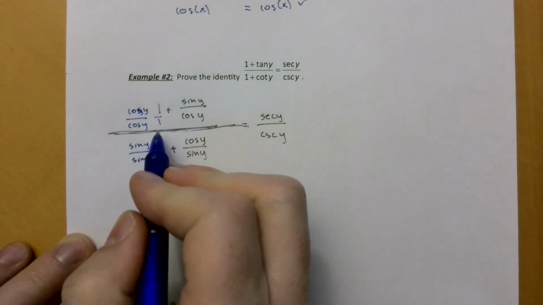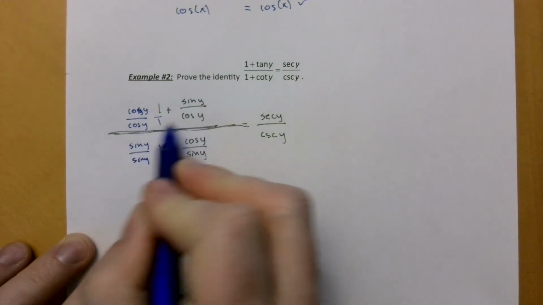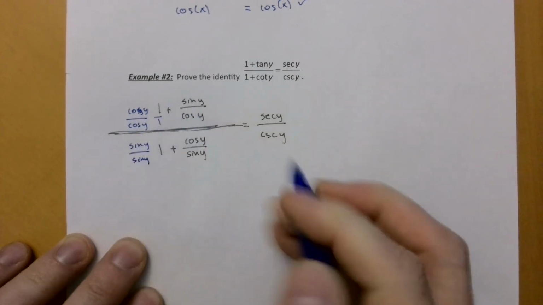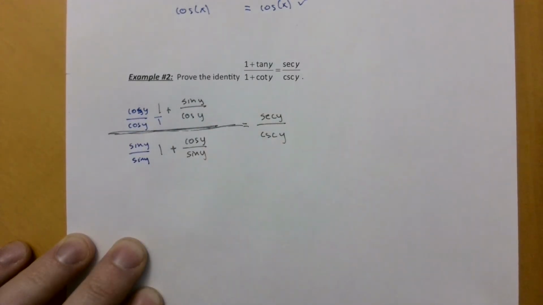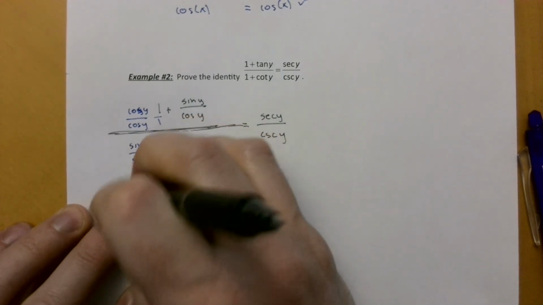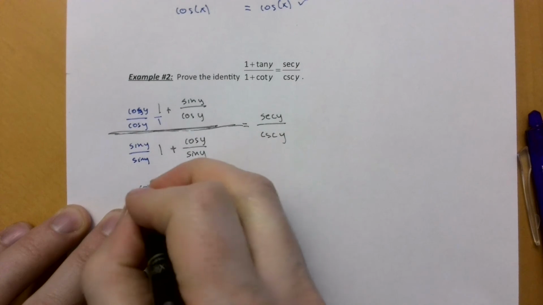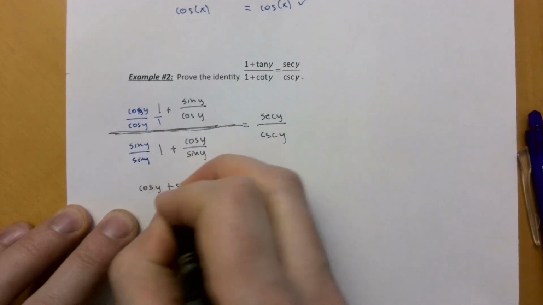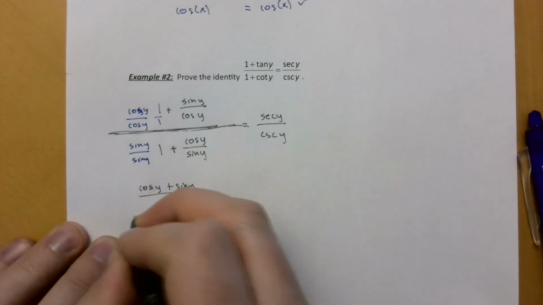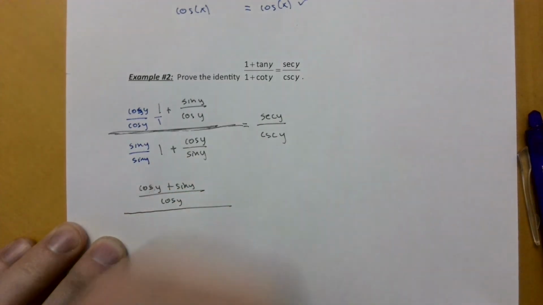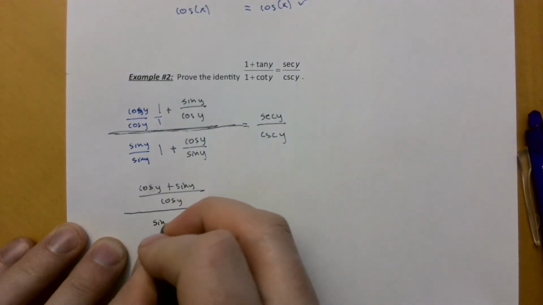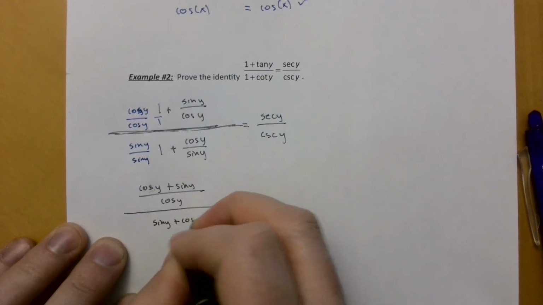So I'm going to skip a step here. Because we're ending up with the same denominator, this fraction becomes cosine y plus sine y all over cosine y. That's our numerator. Note the denominator becomes sine y plus cosine y all over sine y. Of course, the order that we're adding those things doesn't actually matter, but anyway.